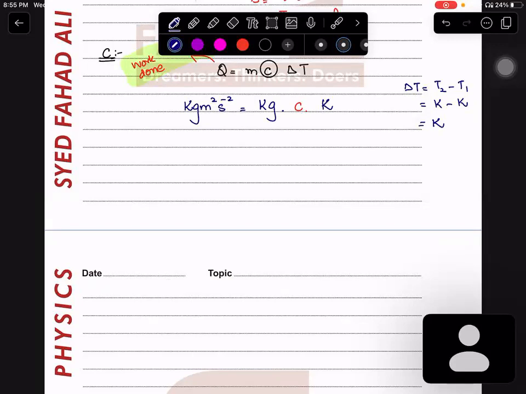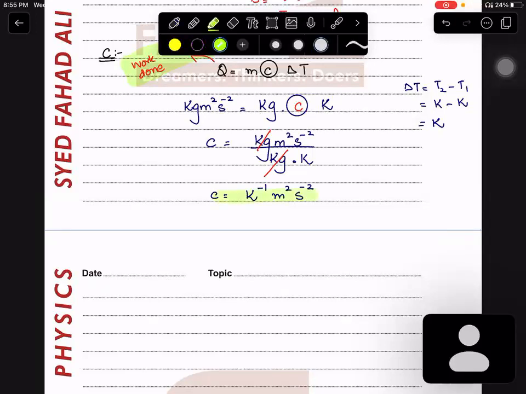Yes, sir. Now, if I have to make C the subject, kilogram and Kelvin go to the denominator. kg m square s minus 2 over kilogram into Kelvin. Kilogram cancels with kilogram. Other than that nothing reduces. So K minus 1 m square s minus 2.